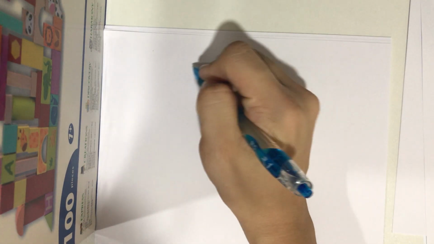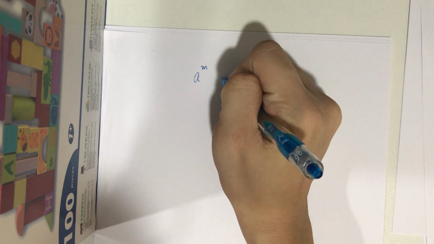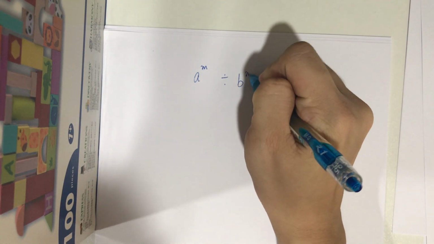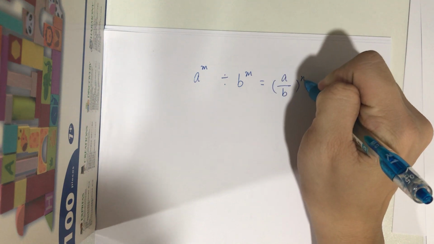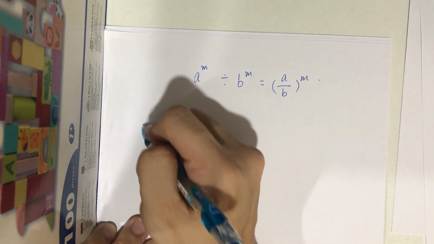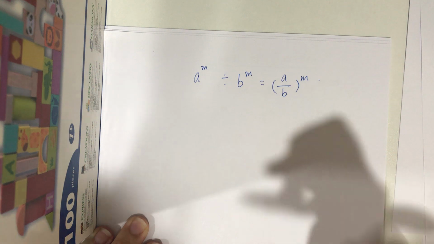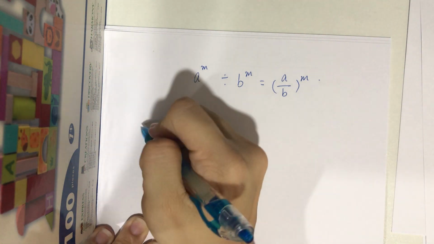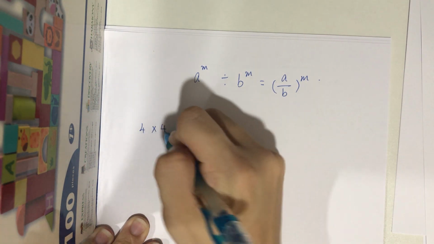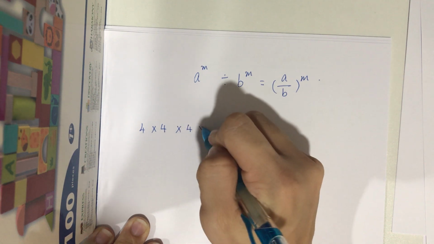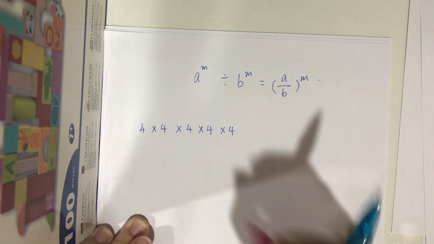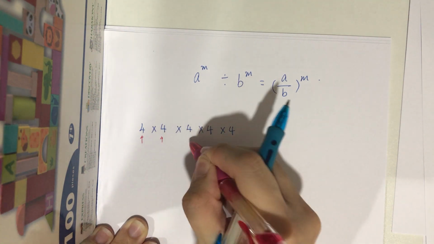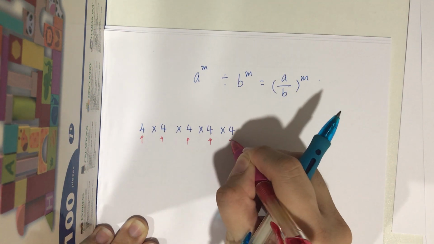So what the law says is A to the power M divided by B to the power M equals A over B to the power of M. Okay, so if A is 4 times 4 times 4 times 4 times 4, how many times have I done it? 1, 2, 3, 4, 5.